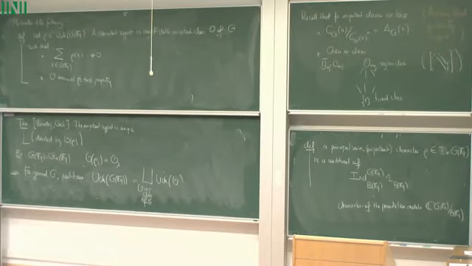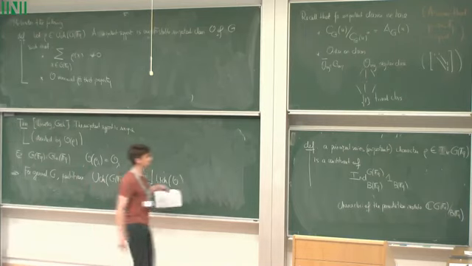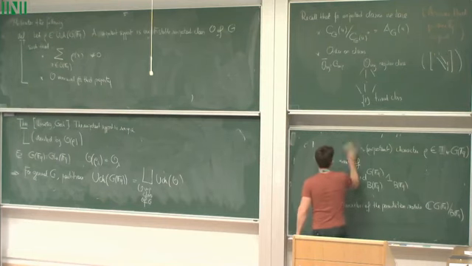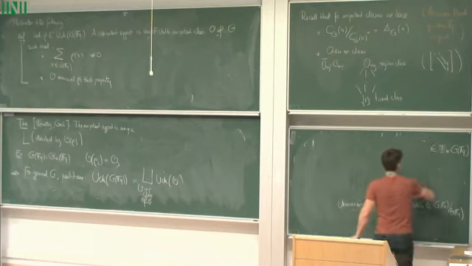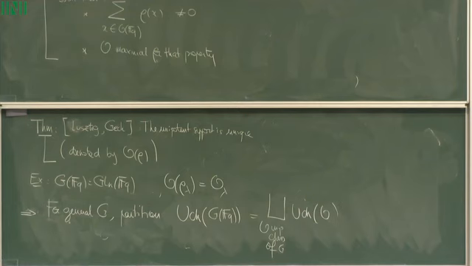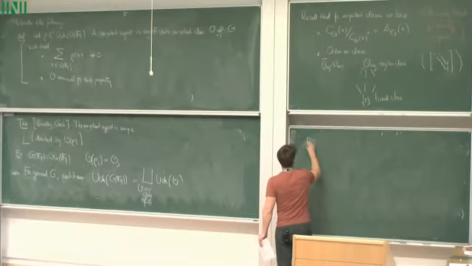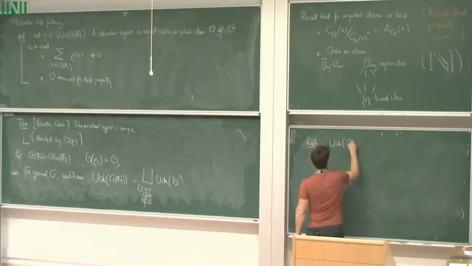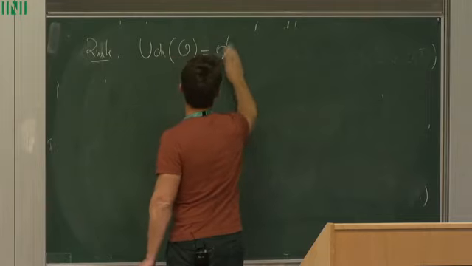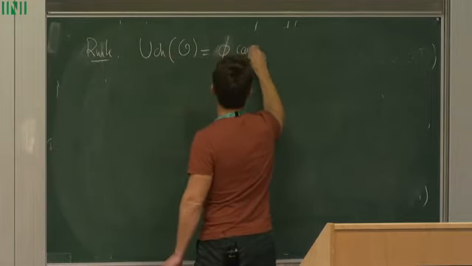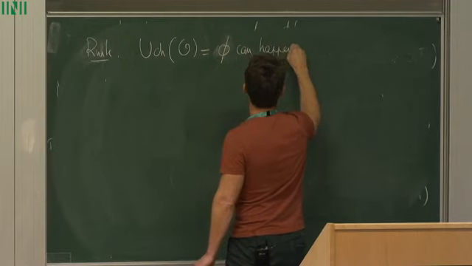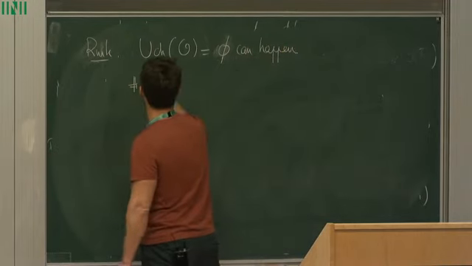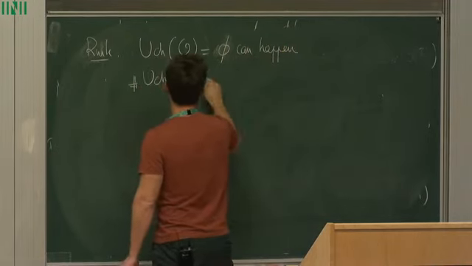So there are two things that can happen. This could be empty, or this could contain more than one element. And we'll see on the example of SP4 that it can be the case. Just a remark. UCH of O can be empty. And it can also happen that the number is bigger than 1.